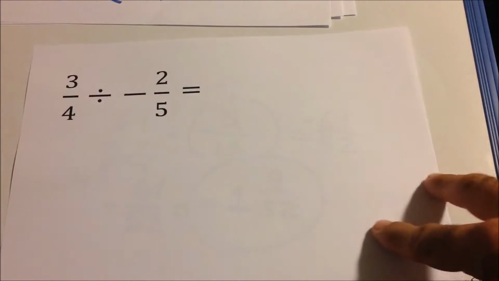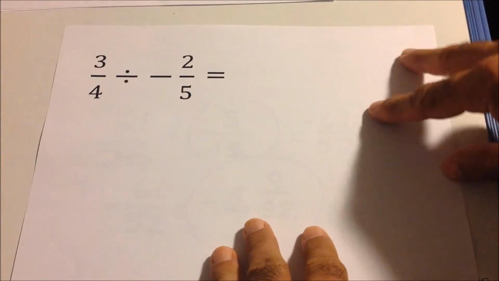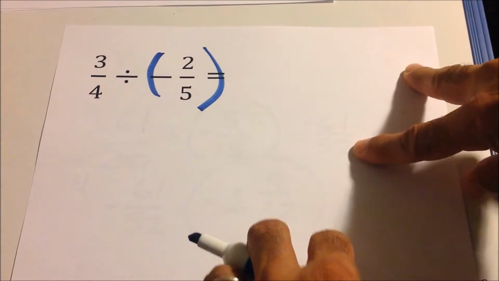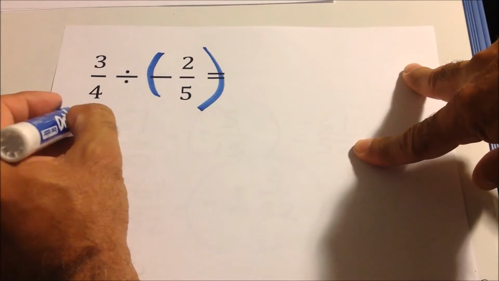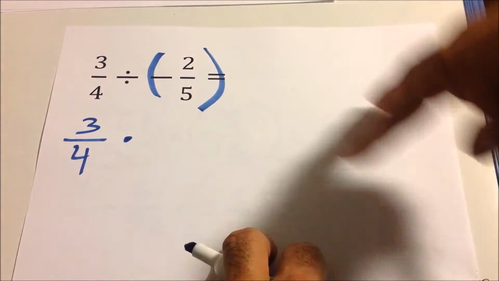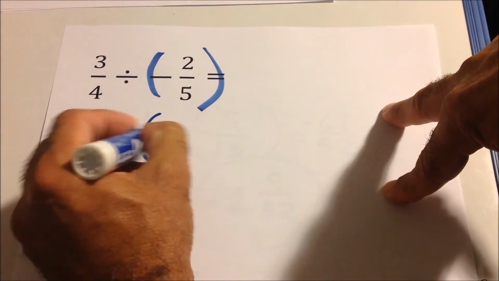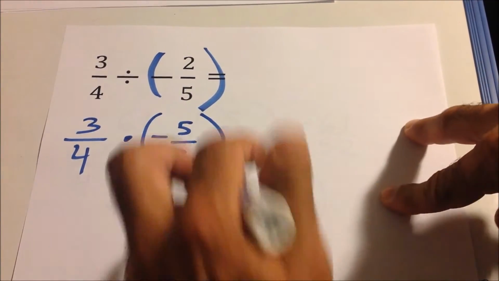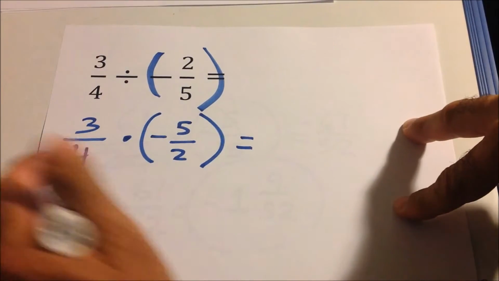Okay, let's try this one. Try that by yourselves. First thing you want to do, turn it into multiplication and flip it. Flip the last fraction. There we go. And now it's just multiplication, so you can just multiply across.